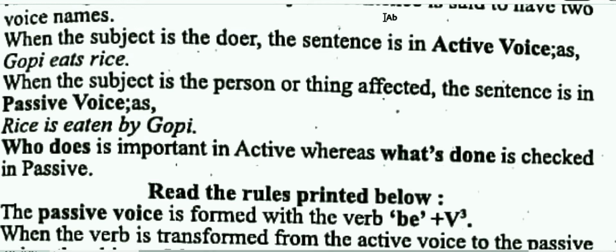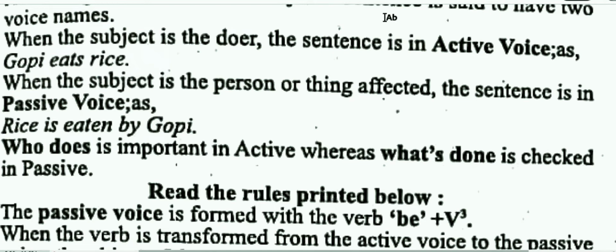The subject affects something. In the example, Gopi eats rice. Gopi has that capacity. Gopi does something upon rice, and the rice has some effect that Gopi gives. In the second example, when the subject is a person or thing affected, we can't say that the person is always the subject and always affects the other thing.